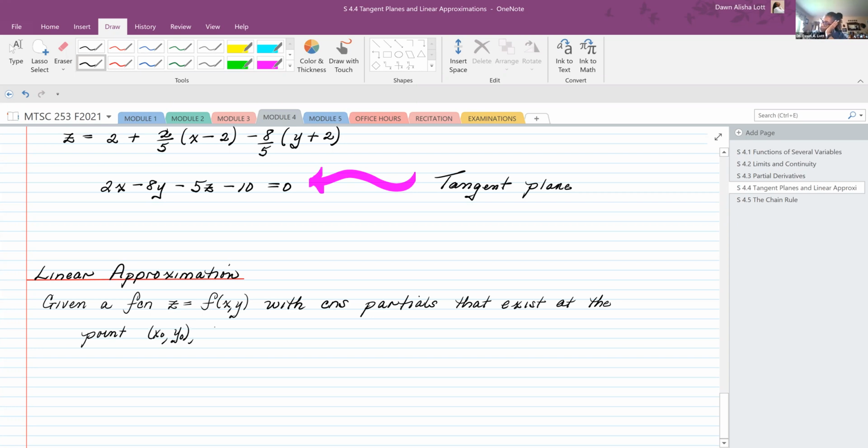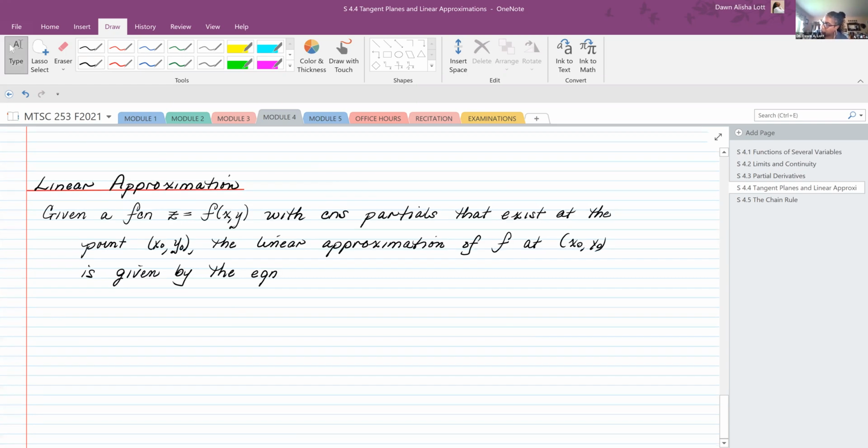All right, the linear approximation of f at the point x naught, y naught is given by the equation L of xy.